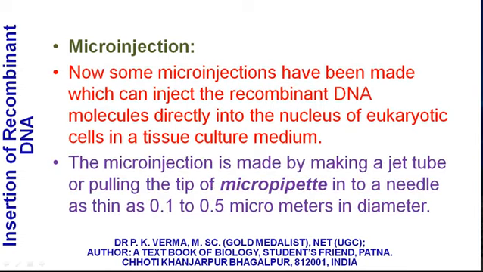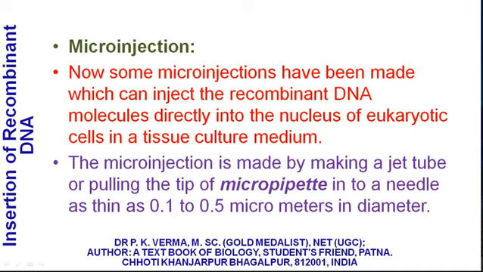The microinjection is made by making a fine jet tube, or pulling the tip of a micropipette into a needle as thin as 0.1 to 0.5 micrometer in diameter.